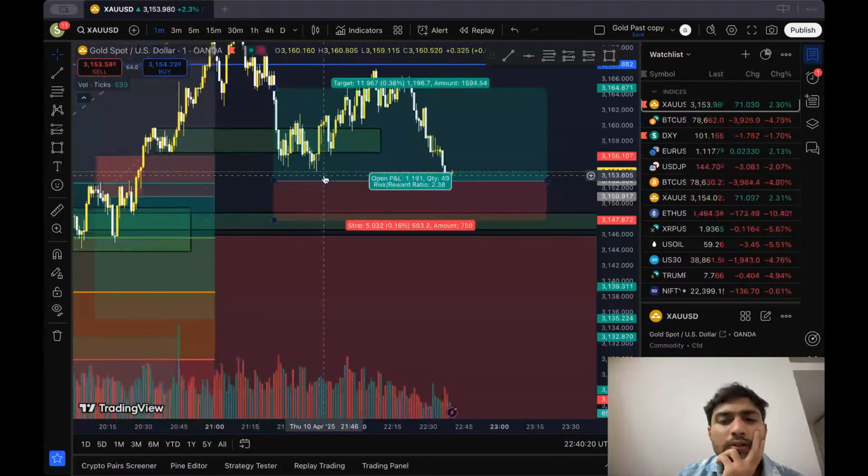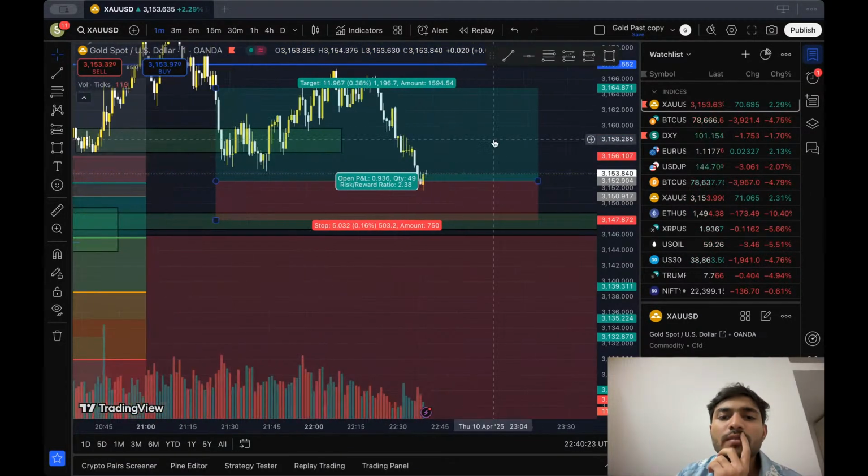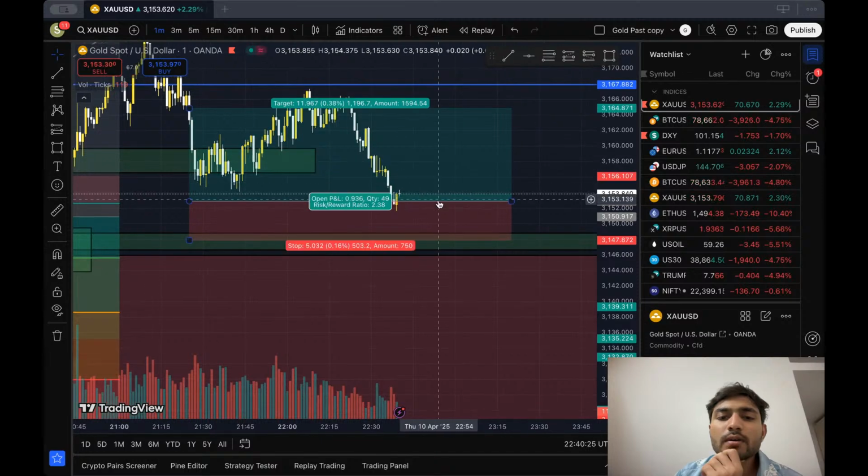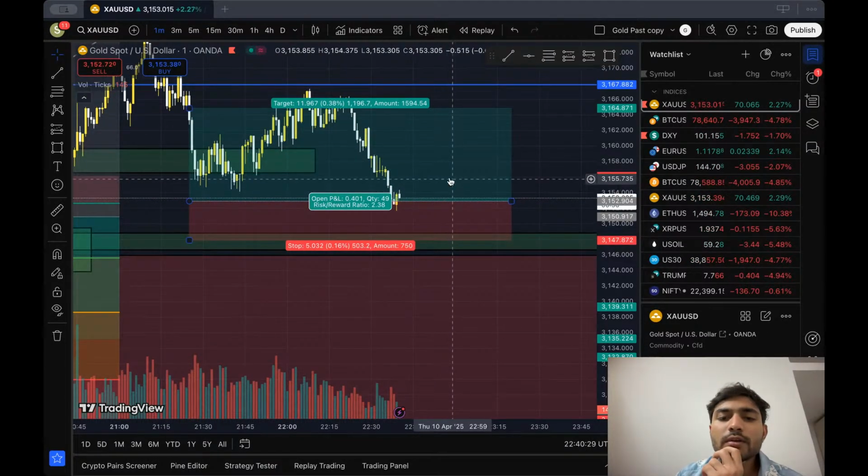Let's hold it. Let's be risk free at the point where we could be risk free, where we bought at 152, 153, 158. We are risk free again.